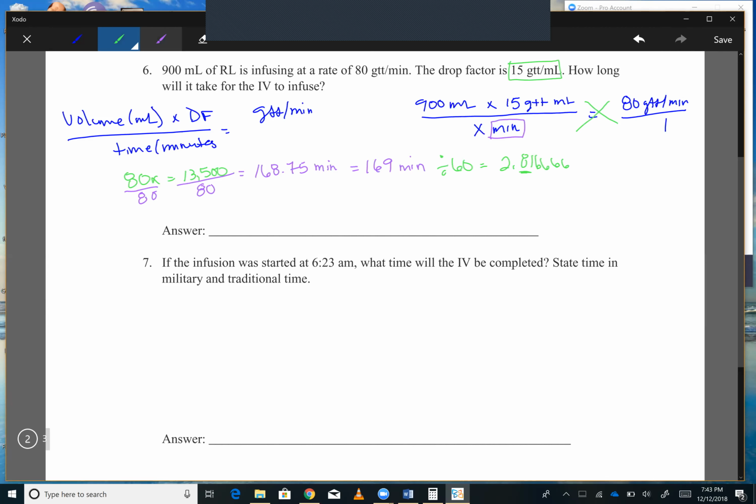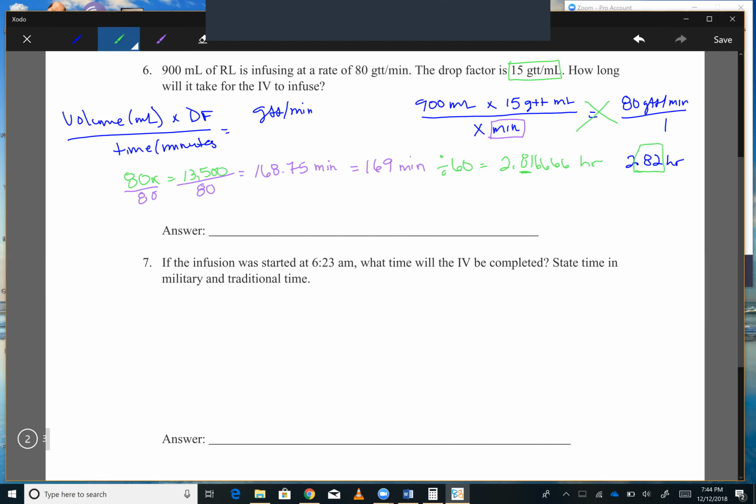And by the way, this label is hours. So when I round that, I get 2.82 hours.